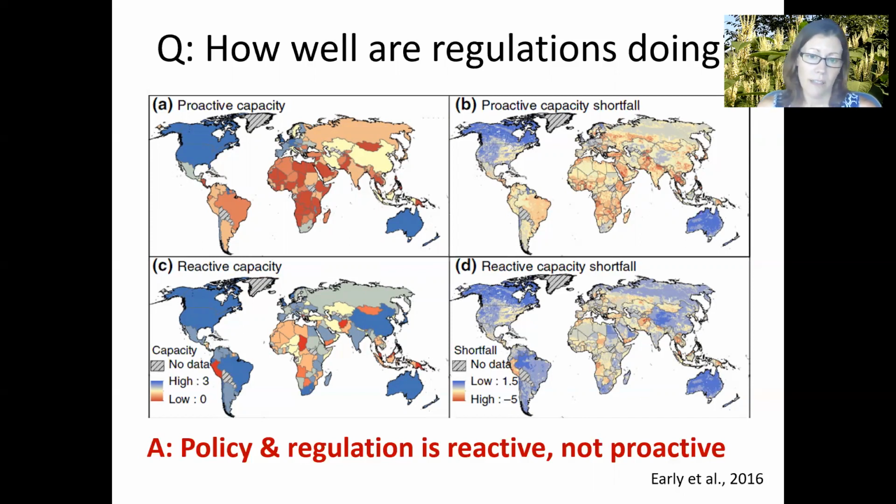But at that point, the species is already there. It's too late to prevent the introduction, right? So the more productive regulation is to prevent the introduction before it happens, the proactive regulations. And unfortunately, this is from a paper by Early and others in 2016, when we looked at all of that regulation, it was mostly on the how are we going to manage it once it's here side, and not so much on how do we prevent it from getting here in the first place. So as a global society, we've got a lot of work to do on the regulatory side.